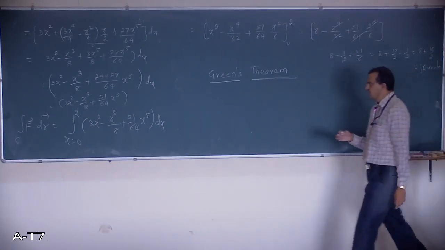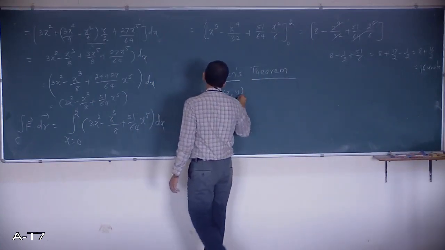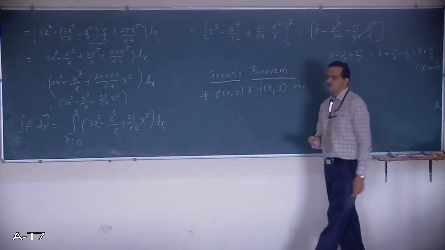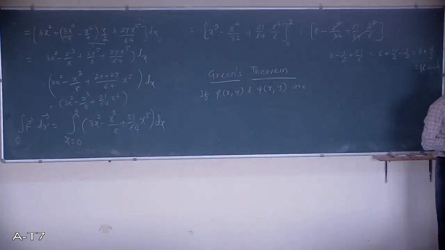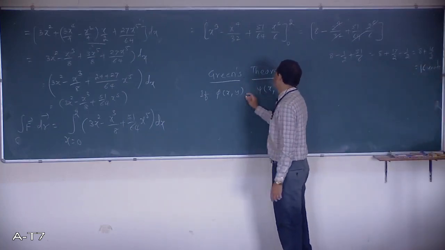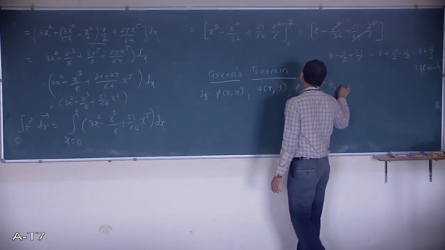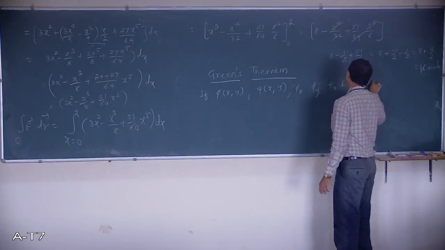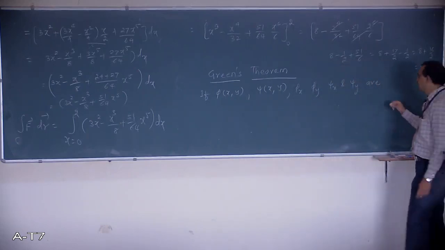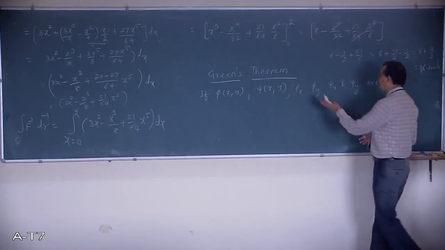So the statement is like this: if phi(x,y) and psi(x,y) are continuous, and even the partial derivatives are continuous. So actually phi_x and psi_y are enough. So there is no need to write this, only psi_y is enough.